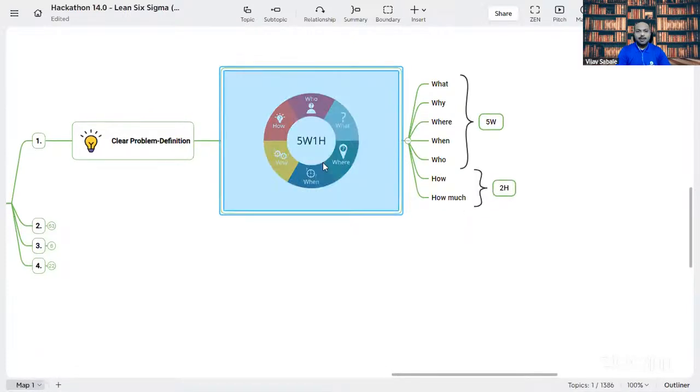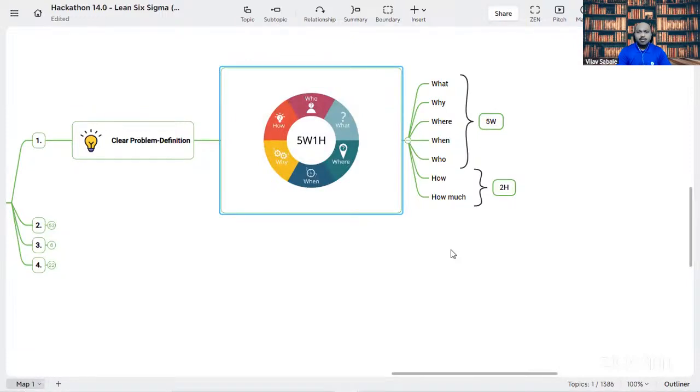Now, what is this 5W1H? We investigate the problem or the significant cause that we have identified by asking these 6 or 7 questions. Out of that, 5 questions are the W's: what, why, where, when, and who. The remaining questions are how and how much, right? That's why it is called 5W2H.